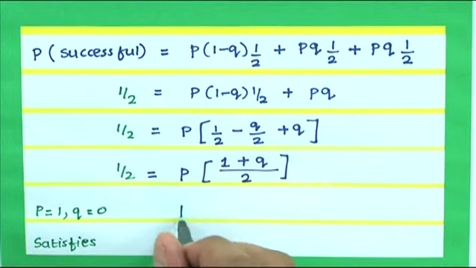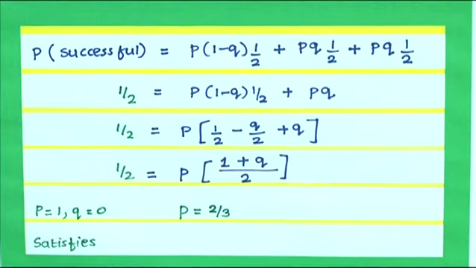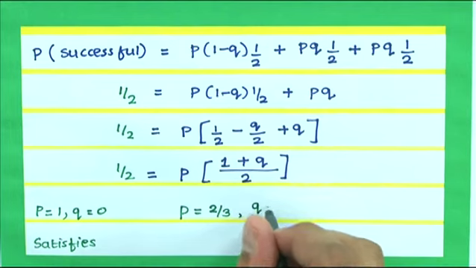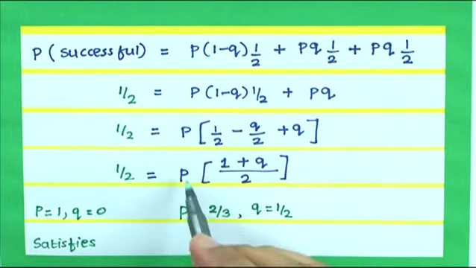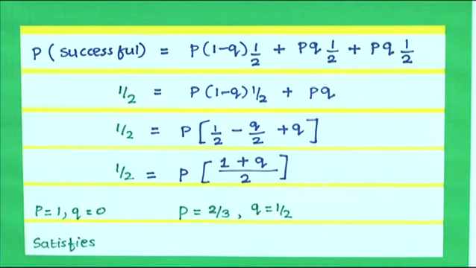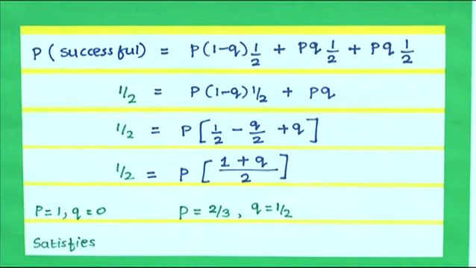Now if P is equal to 2 by 3 and Q is equal to 1 by 2, let us see what happens. So this would be 2 by 3 multiplied by 1 plus 2 by 3, right children?